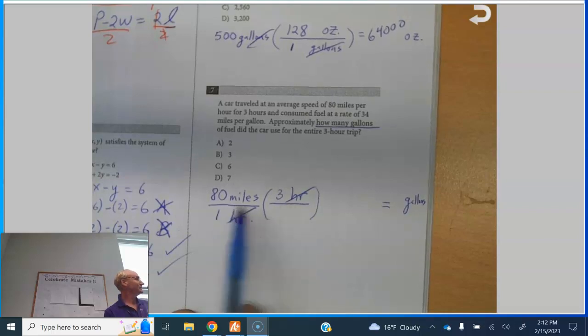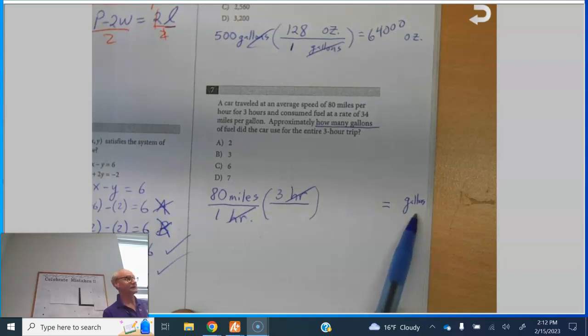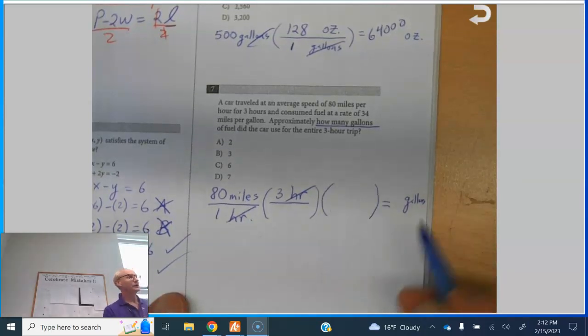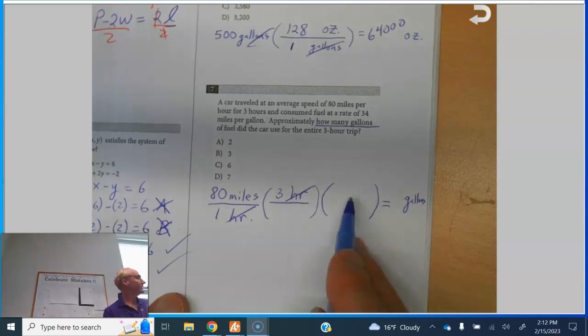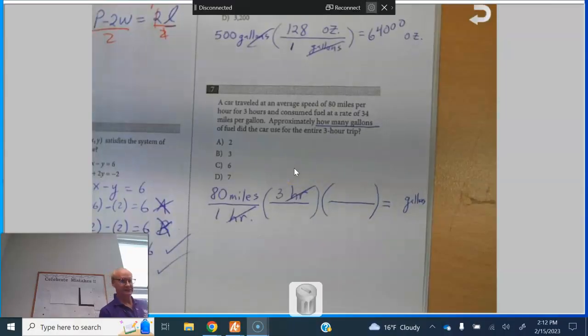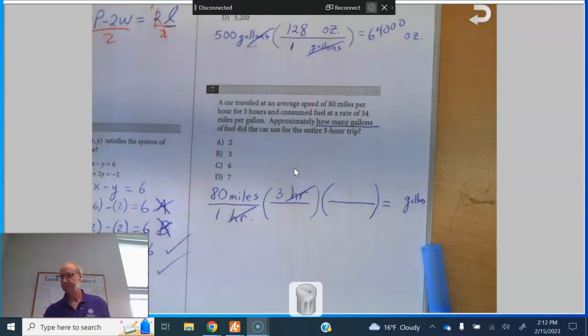Got it? Now I've got miles and I want gallons. So it goes in the top. Which one goes in the bottom, guys? Miles or gallons? Yeah, miles goes in the bottom because you want to get rid of them.